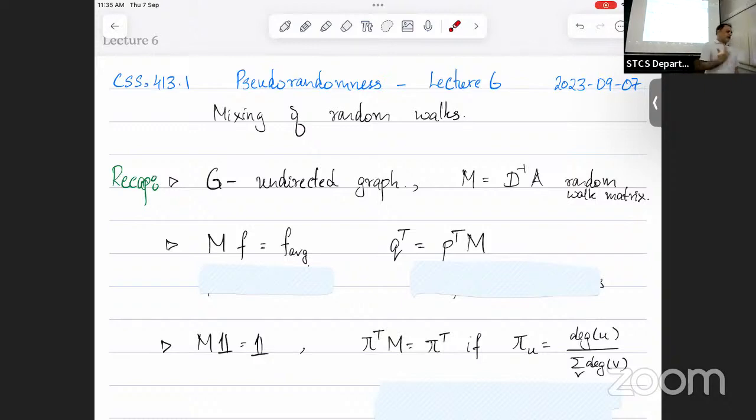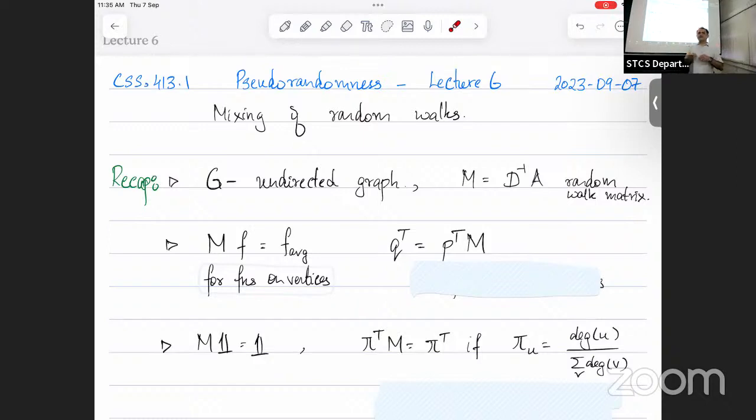Once you have an operator, you have two, or rather three, notions, but this operator acts on rows and it also acts on columns, and these two have slightly different meanings. If you have a function f on vertices, assigning some value to every vertex, then Mf looks like a diffusion.